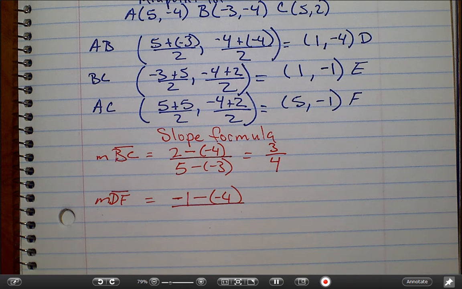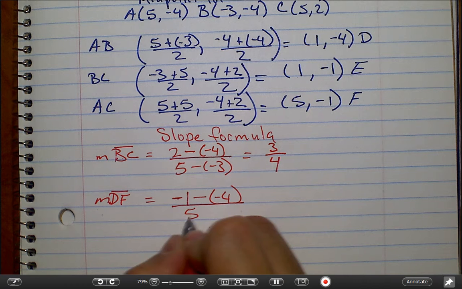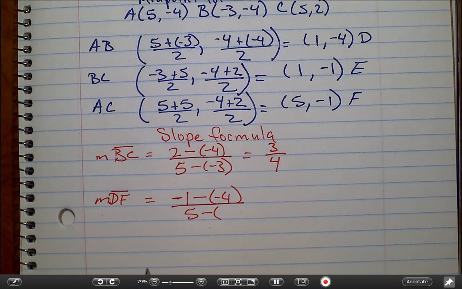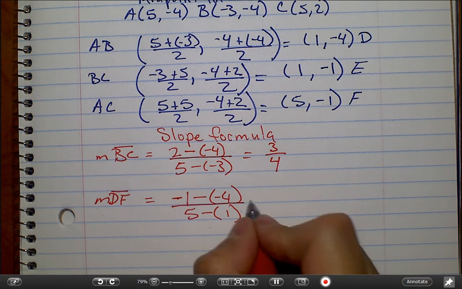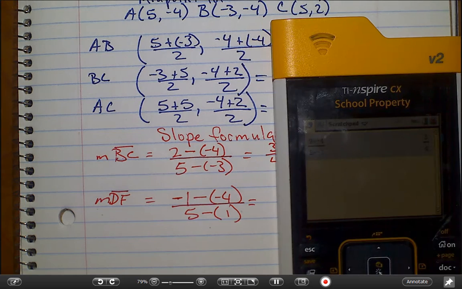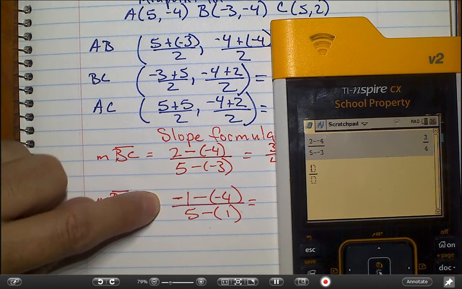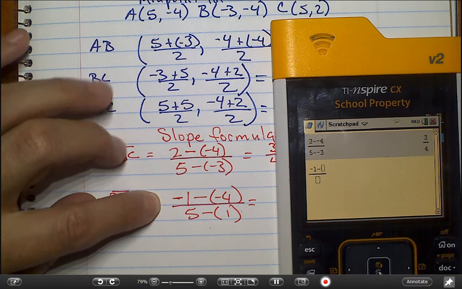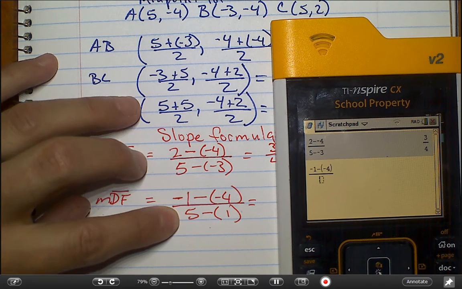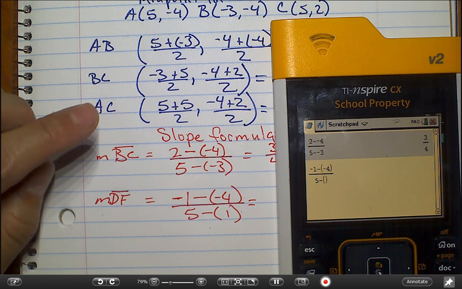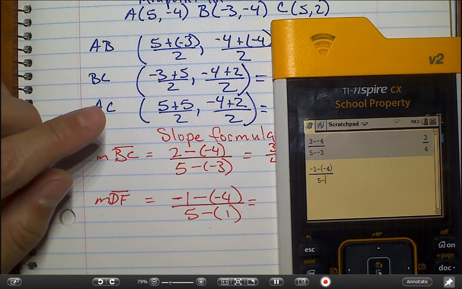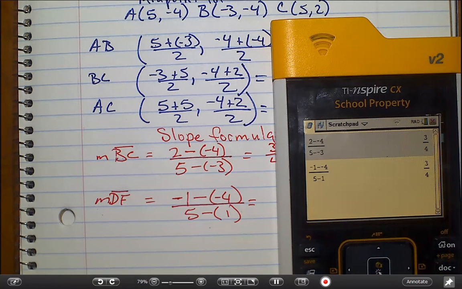Over x from my second point? 5 minus x from my first? Go ahead, plug that in the calculator. Do the control divide, that helps out a lot. -1 minus -4 over 5 minus, it was just +1, wasn't it? Yeah. Okay, I don't need the parentheses then. And I get 3 over 4.